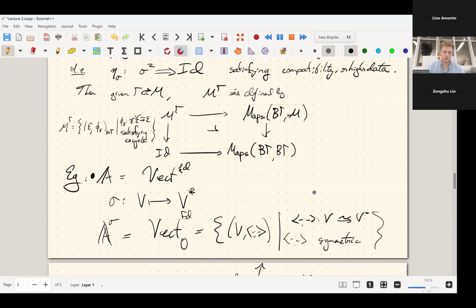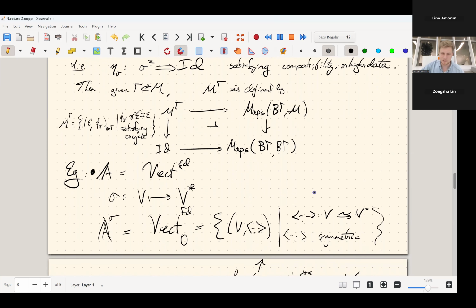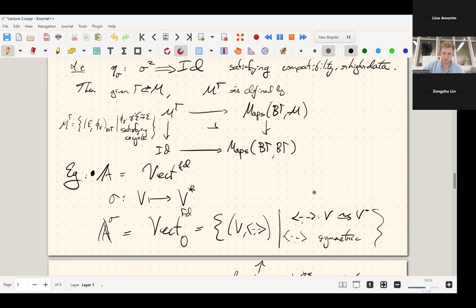And for us, the only time you need to use the higher data is when there's a sign. And so it's safe to just think of a strict action on the stack. Then the fixed point stack is defined by this pullback diagram.